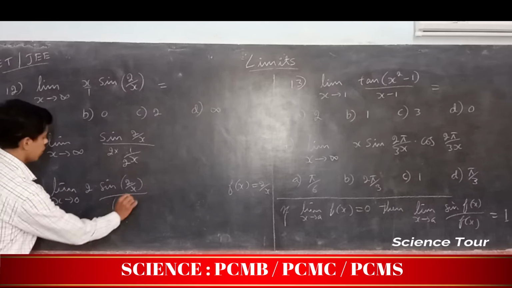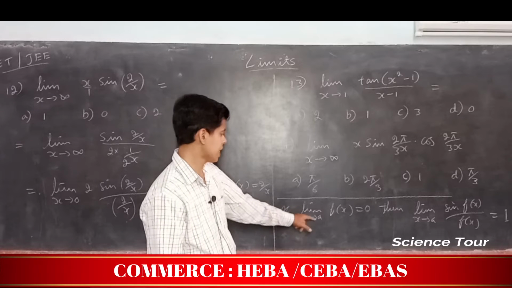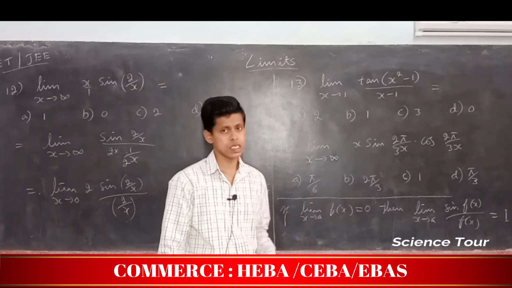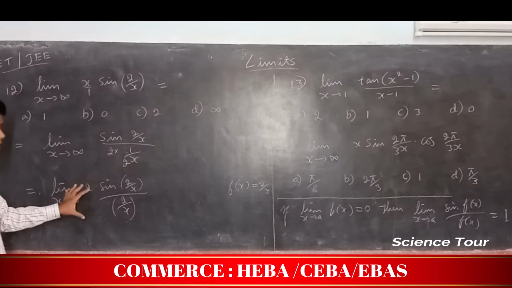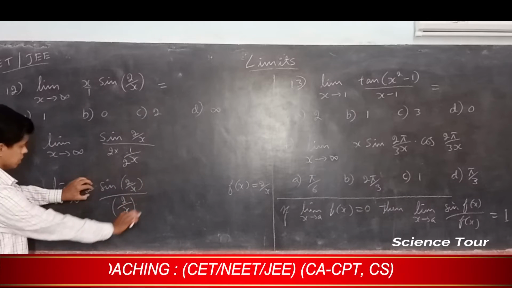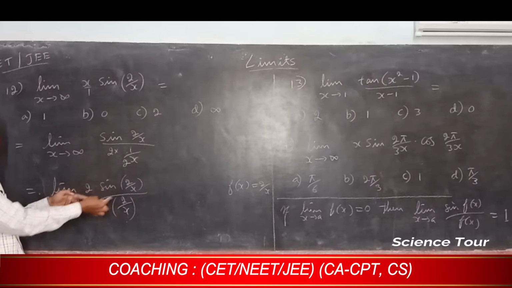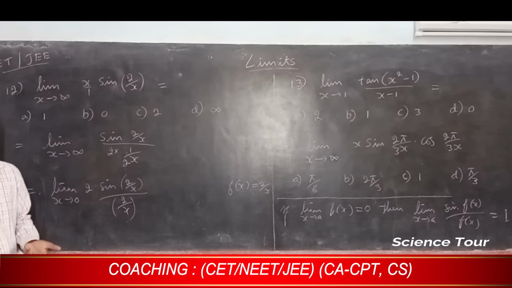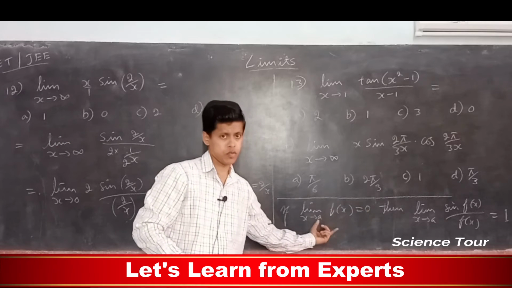Now I can perfectly use this formula, limit x tends to a f of x. If it is 0, then I can straight away write the answer is 1, and don't forget this 2. So, it will be 2 into 1, eventually it will be 2, but I have to make sure that I get 0 for this limit.